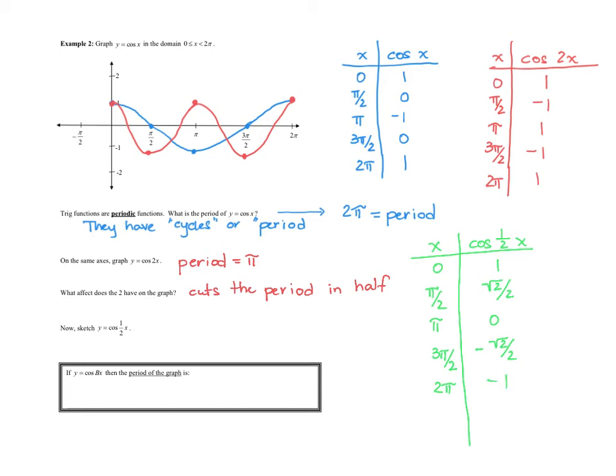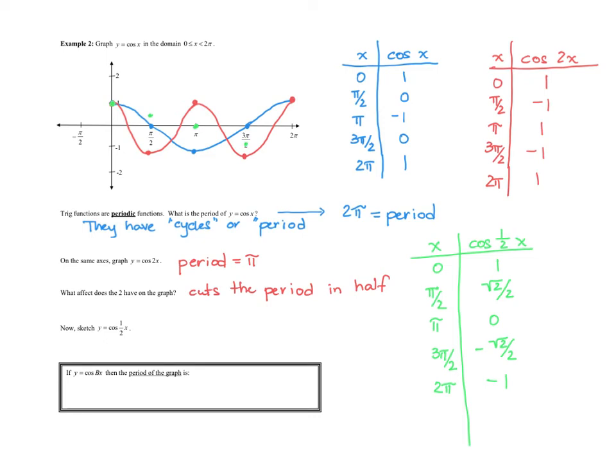And putting in 2 pi and multiplying by 1/2 gets me the cosine of pi, and the cosine of pi is negative 1. So if I now plot those points, at 0 I'm at 1, at pi over 2 I'm at rad 2 over 2, which is about 0.7-ish. At pi I'm at 0. At 3 pi over 2 I'm at negative rad 2 over 2.